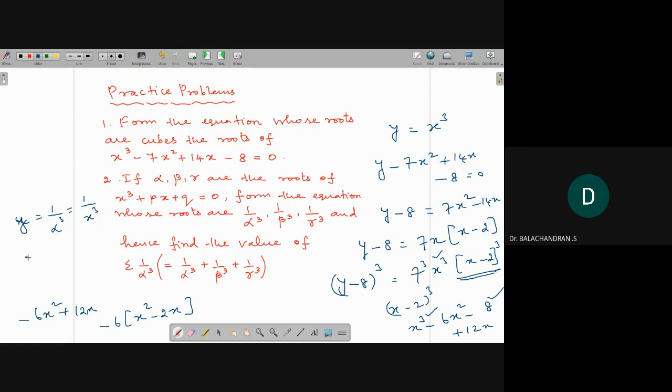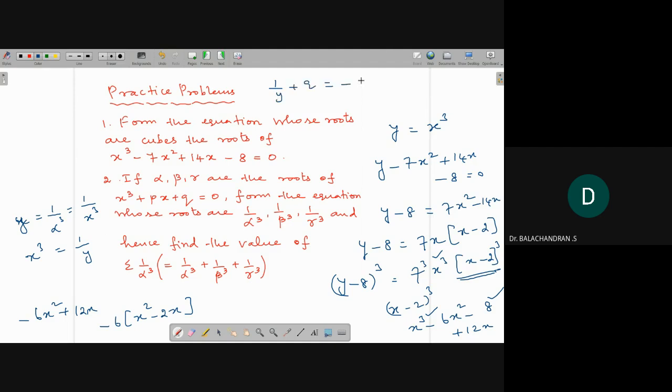From this, x cube equal to 1 by y. You need to replace x is equal to 1 by y whole power 1 by 3, or otherwise you can replace x cube by 1 by y, and plus q you can keep it.